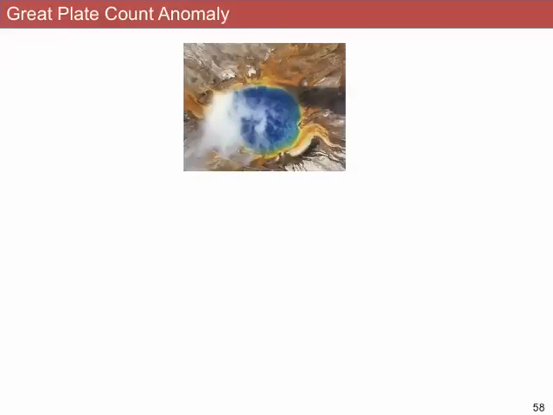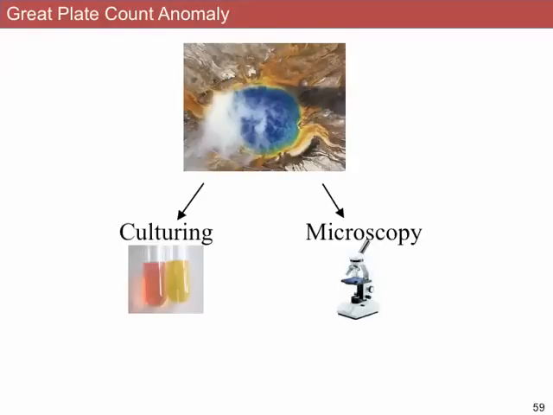If you go to an environment like a Yellowstone hot spring and you take a sample and split it in two, and in half of the sample you look in the microscope and count how many cells you see, and in the other half you count how many things you're able to grow in pure culture in the laboratory, in every environment that we go to, there are many, many orders of magnitude more things that we can see in the microscope than we've been able to grow in the laboratory.